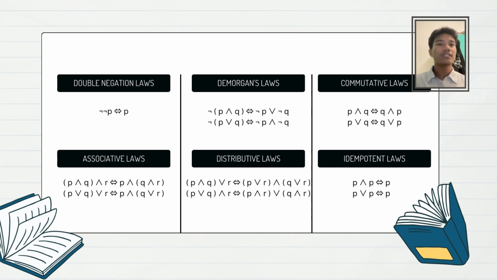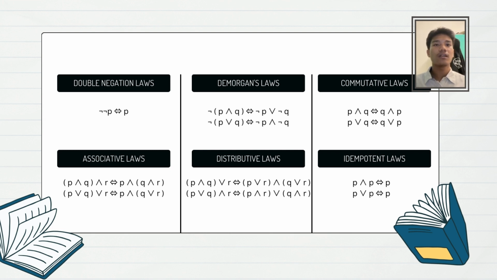Next, we go to distributive law. In the bracket, P and (Q or R), then the answer will be in the bracket (P and Q) or in the bracket (P and R).